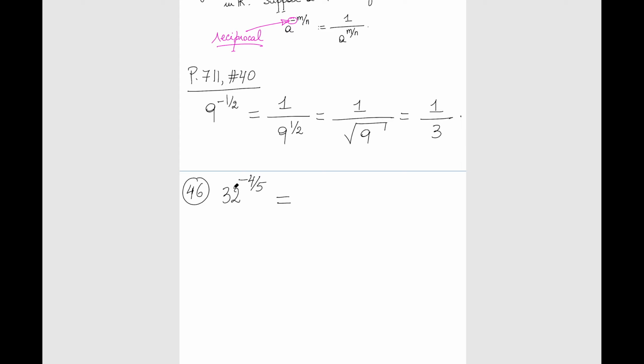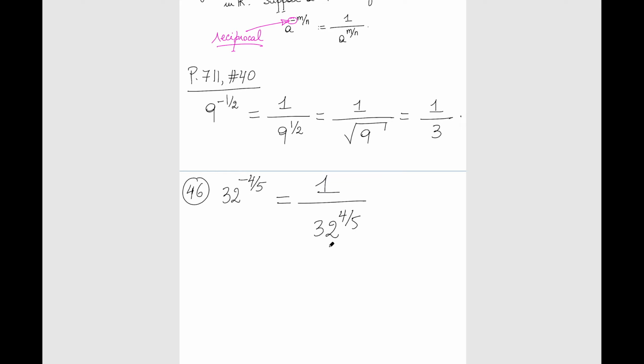According to this, who's the base a? 32. Who's the m? 4. And who's the n? 5. So that's going to be 1 divided by 32 to the power 4 over 5.